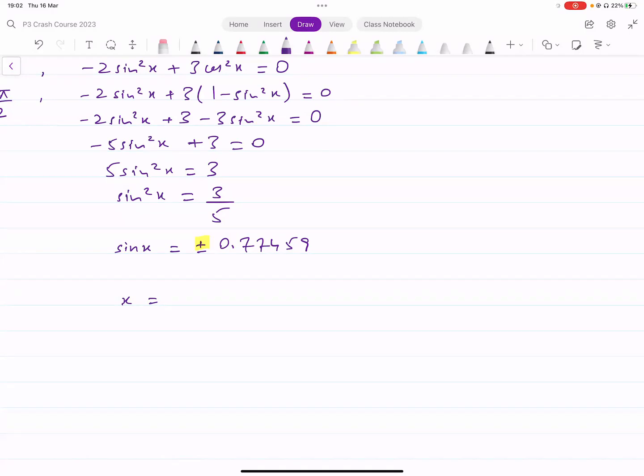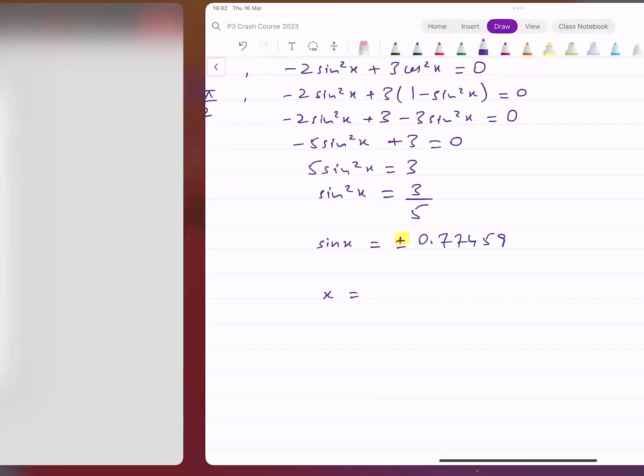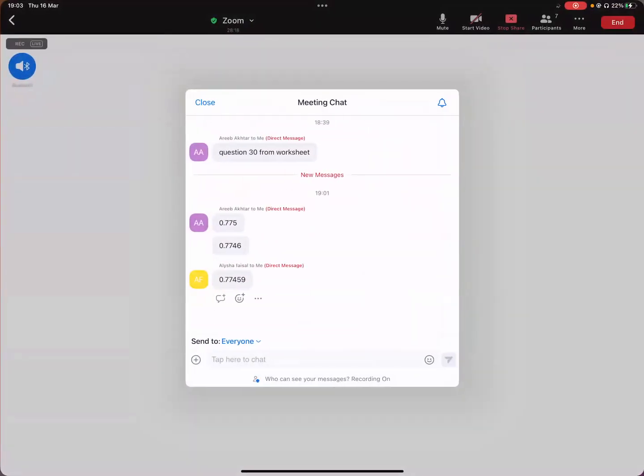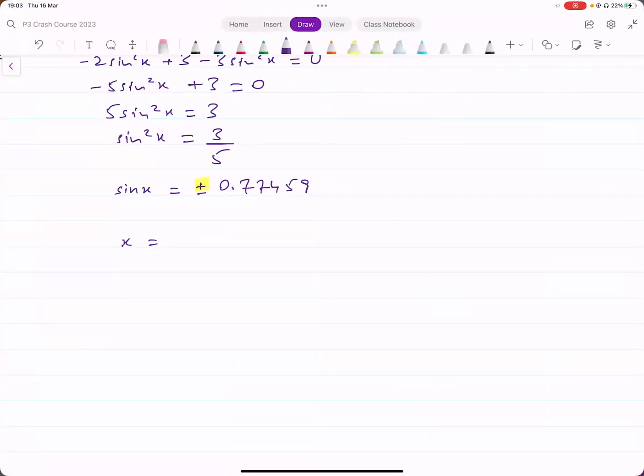You can just find that directly by using sine inverse. What do we get from this when we do sine inverse of this? 0.8861. Okay, thank you. So the value of x that we have here is 0.8861.